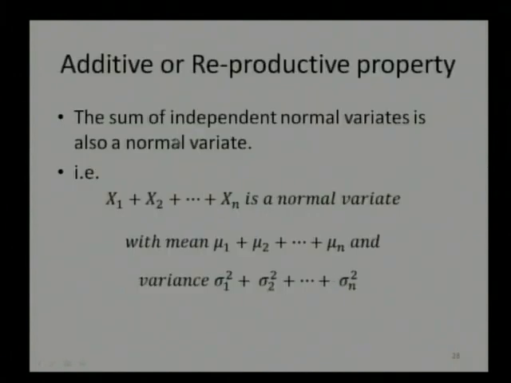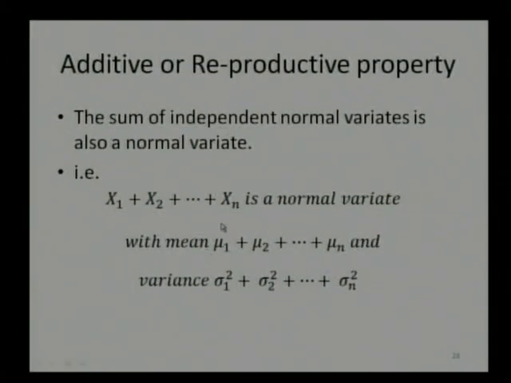Okay, here is the additive or reproductive property. The sum of independent normal variates is also a normal variate. It means that if you have n independent normal variates, say x1, x2 up to xn, and you add all these n independent variates, the sum also follows the normal distribution.